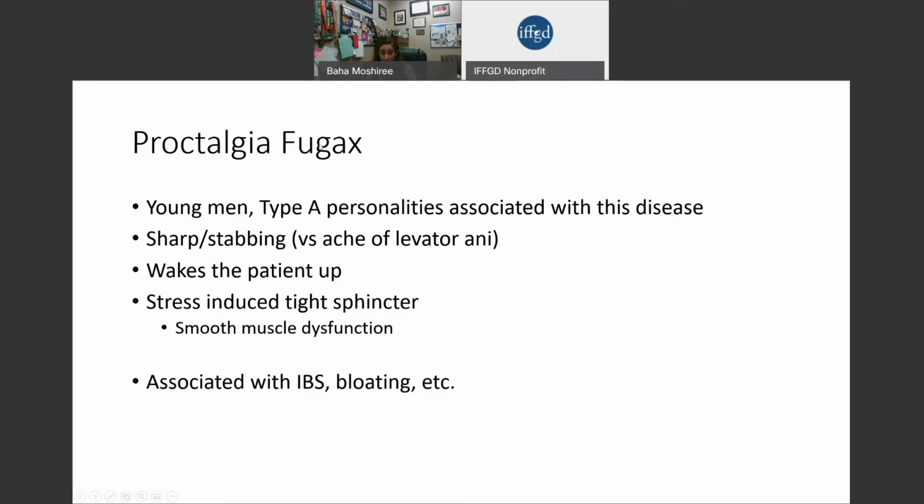Then there's something called proctalgia fugax that happens in young men, really type A personalities, high-performing folks. It's a sharp, stab-like pain, so this is very painful, as opposed to an ache like that with levator ani. It wakes up the patient. It's usually induced by stress, where the patient just tightens their sphincter all the time, and it's a smooth muscle dysfunction, and patients who have IBS can also have it.